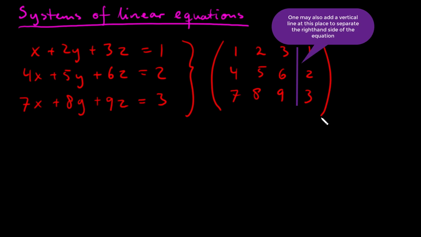And that will be something like this, and this is called a total matrix. And to solve this system of equations, you usually do so-called Gauss-Jordan eliminations on this system.